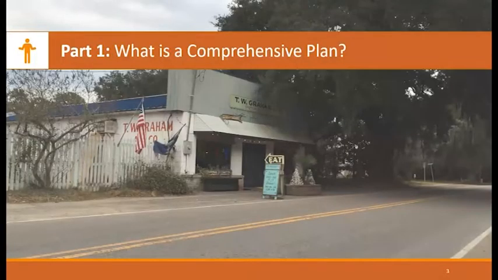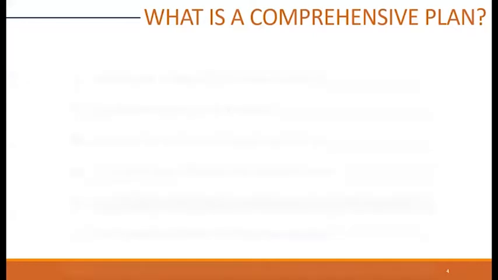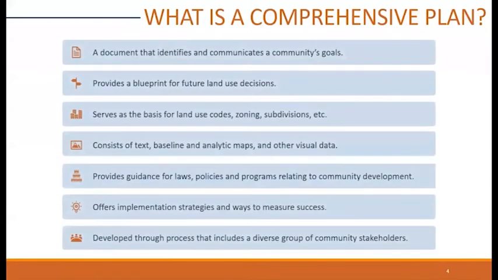So getting into it, first, what is a comprehensive plan? It's a document that identifies and communicates a community's goals. It provides a blueprint for future land use decisions, and serves as the basis for land use codes, zoning, subdivisions, those types of regulations. The document itself consists of text, baseline analytic maps, and other visual data to help convey that information.